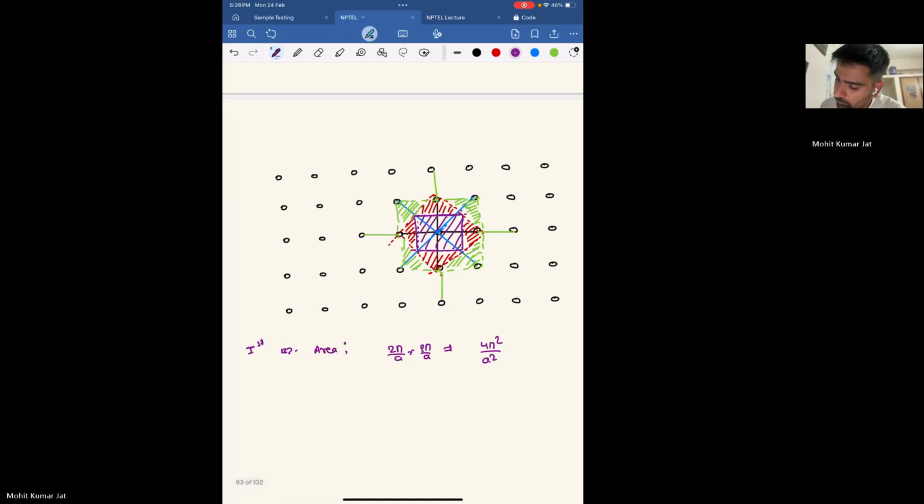These four triangles are there, so you can shift this one here, this one here, this one on the bottom, and this one on the top. So this will also fill this region, right?